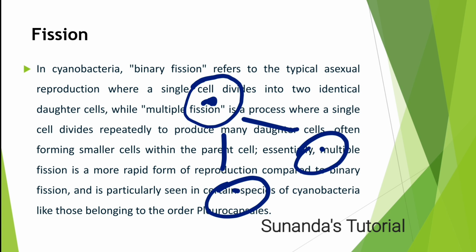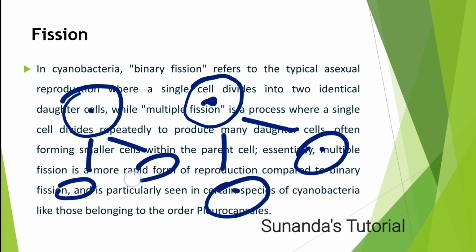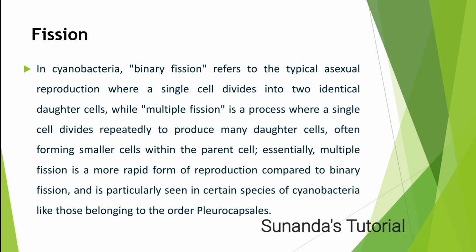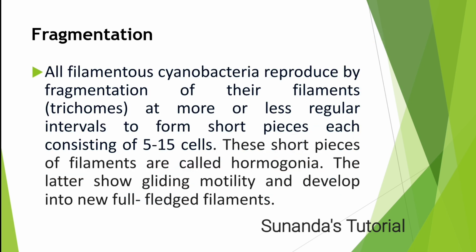In some cyanobacteria, one cell divides and forms many cells, called multiple fission. A single cell divides repeatedly to produce many daughter cells. So some cyanobacteria show binary fission, some show multiple fission. Next, fragmentation.